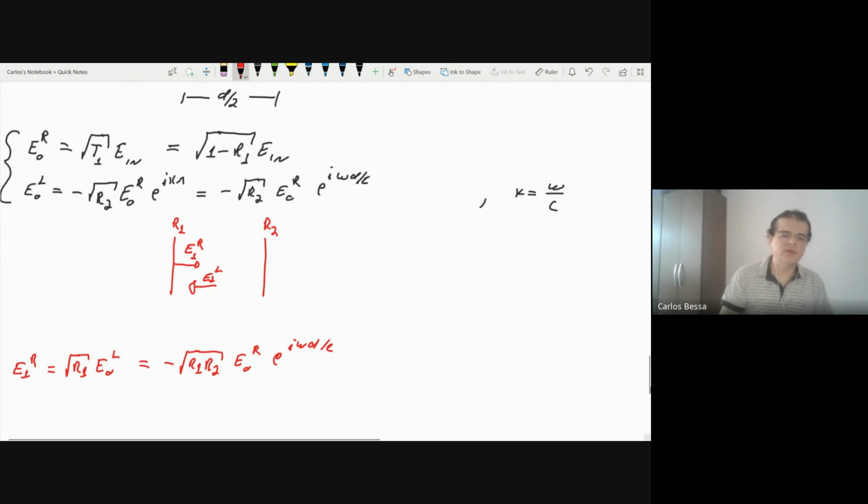And then the same here, E1 left will be minus, by convention, R2, E1 right.